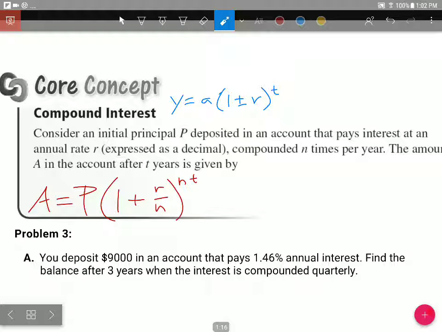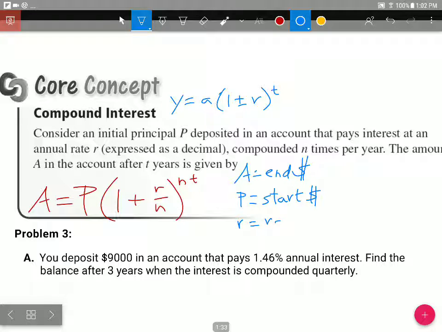Okay? And so let's define all our terms real quick. So A is the ending amount. And this is all about money. P is your starting amount. R is your rate as a percentage. T is time. All right. Typically in years, but we're going to deal with years, but it can be whatever you want.